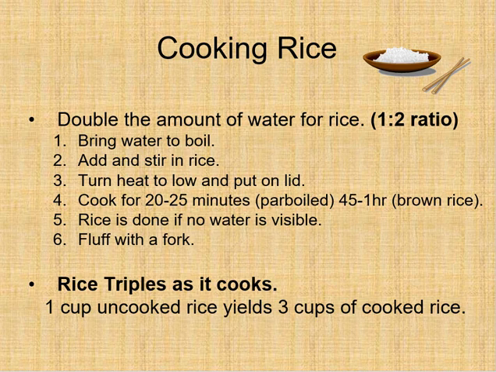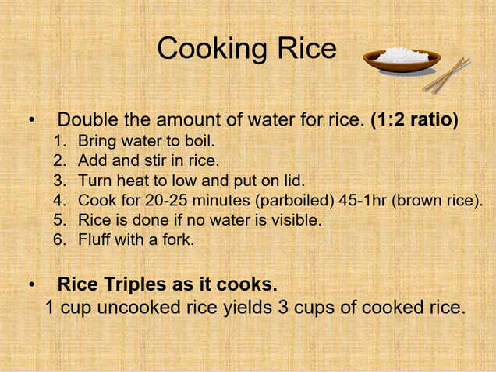Cooking rice, just keep in mind that rice pretty much follows a 1-to-2 ratio. Most rices will go for that ratio of rice to water. So for 1 cup of rice, you would use 2 cups of water.